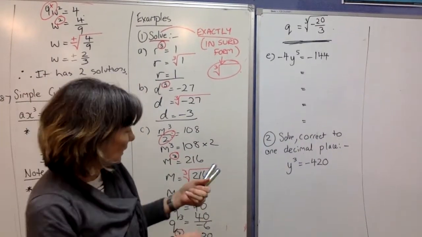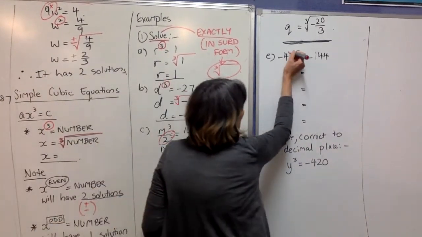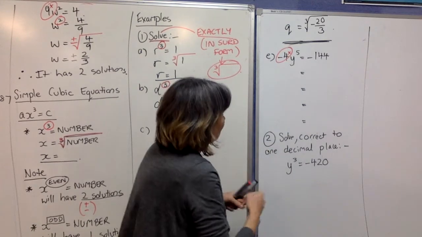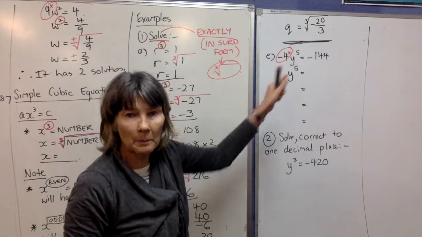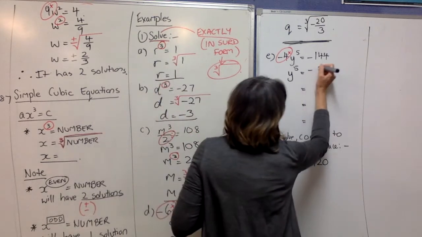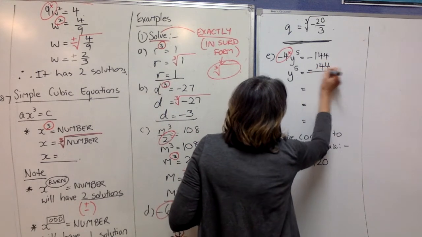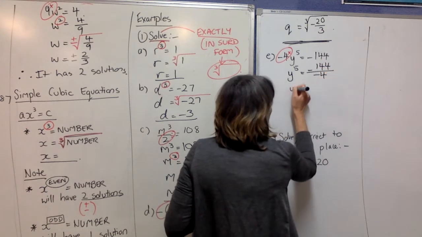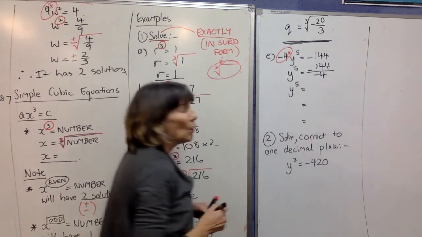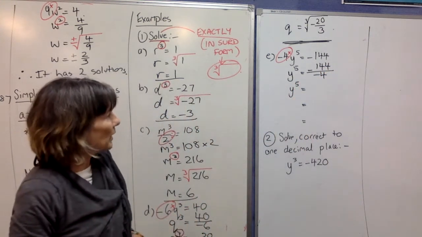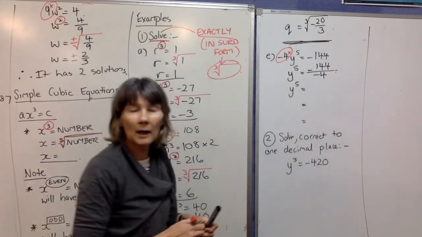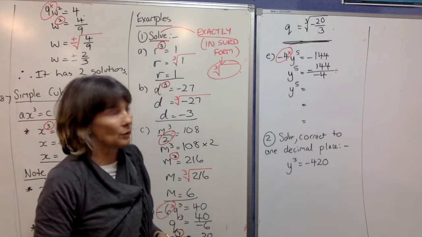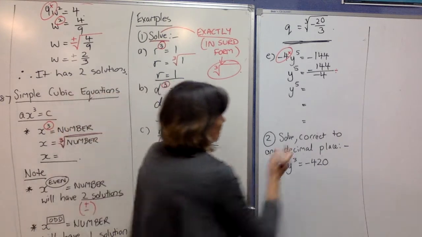Okay, so let's have a look at the next question. We're going to be getting rid of the minus 4. Now I'm throwing in a different one here because I've got a power of 5, but we'll deal with it as we come to it. Okay, so we're dividing by minus 4. Make sure you write it as a fraction doing the division. All right, if you do that on your calculator, it is going to give you 36.